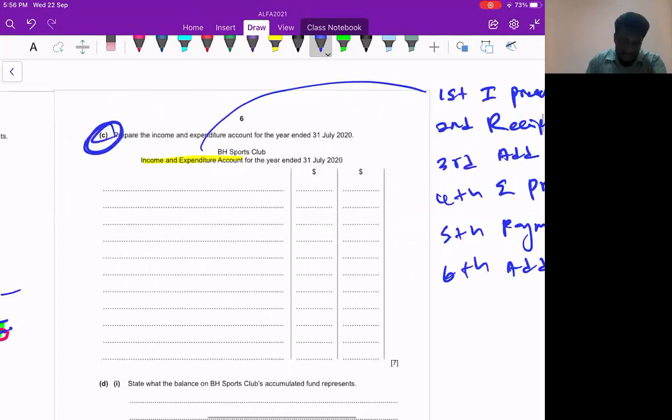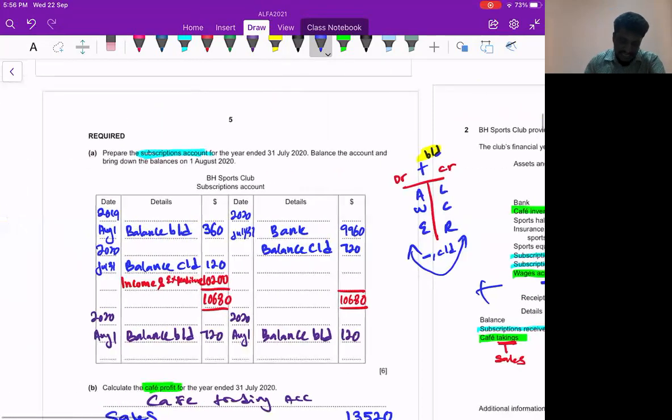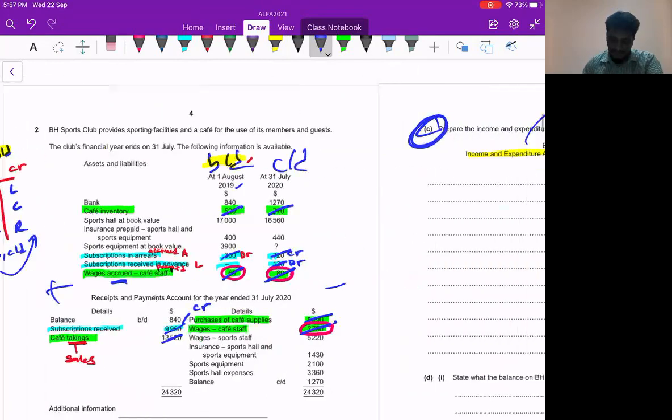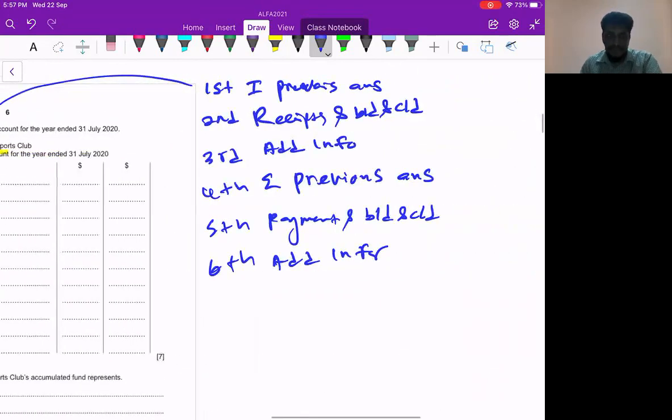Before you do C, A and B. Check in A and B, the previous answers that you already did. Understand or not? This one also has a spelling problem, previous answer, sorry. Understand now? Is it clear?